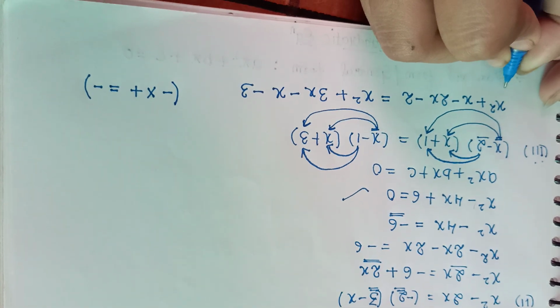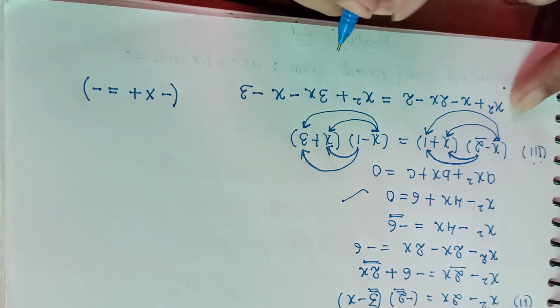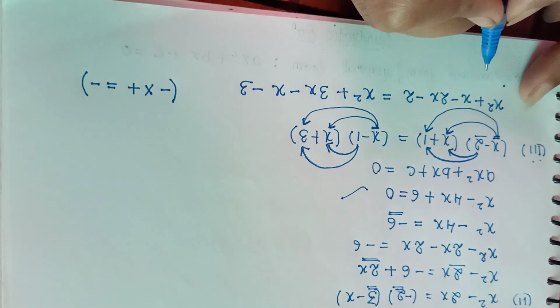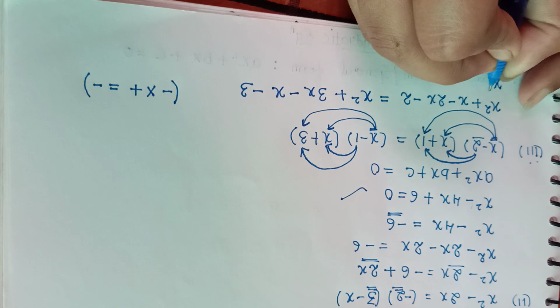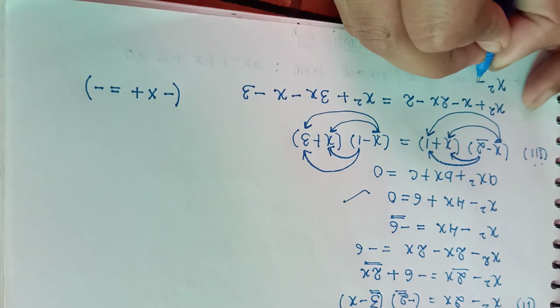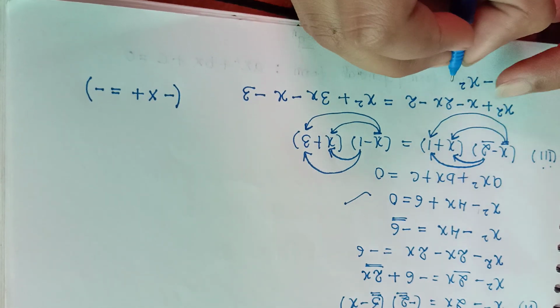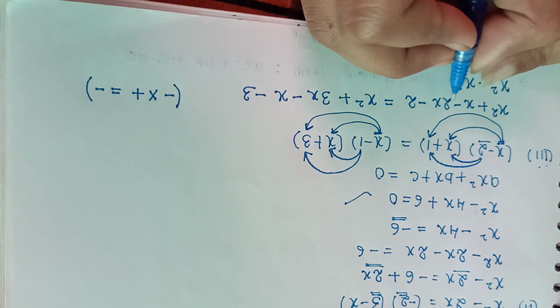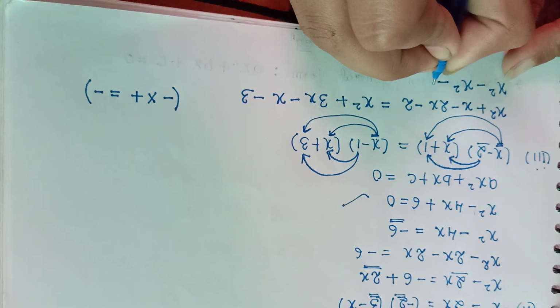Now we are going to shift all the x square and x to the left hand side. So x square minus x square, whereas after solving plus x minus 2, we will get minus x.